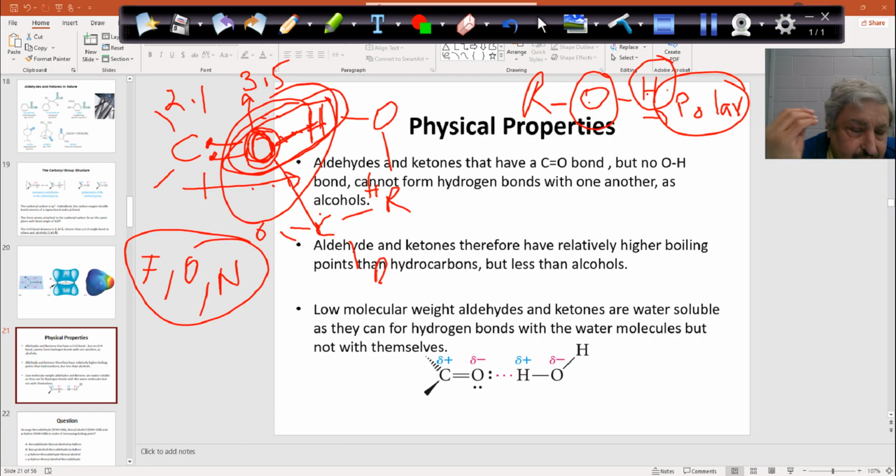So hydrogen bonding is always helping us determine the physical properties of the compounds. The higher the number of hydrogen bonds, the higher the boiling point and the higher the melting point, correct? So aldehydes and ketones are less than the alcohols.